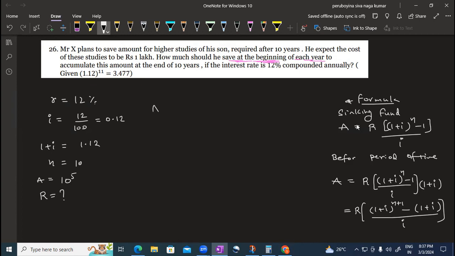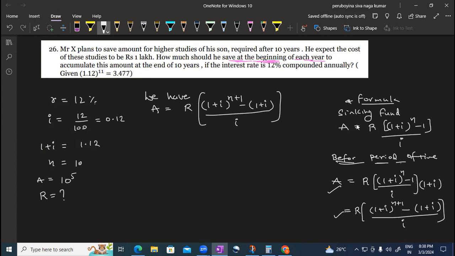So according to the formula, A is equal to R of 1 plus I whole power n plus 1 minus of 1 plus I divided by I, or else you can write 1 plus I whole power n minus 1. You can use this formula or this formula. Both are fine because both are for before payment.